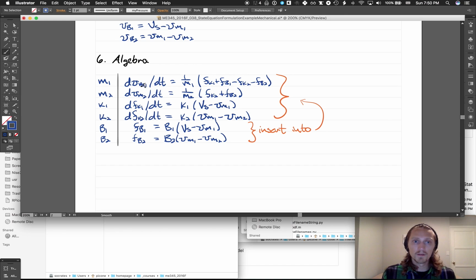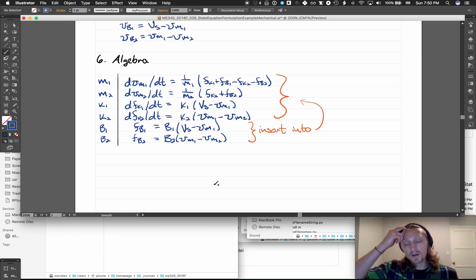If you look through here, vm1, state variable. Fk1, state variable. Fb1 is one of the primary variables we need to eliminate. Fk2, state variable. Fb2 is once again one of the primary variables we need to eliminate. If you check the rest of these equations, you're going to find exactly the same thing.